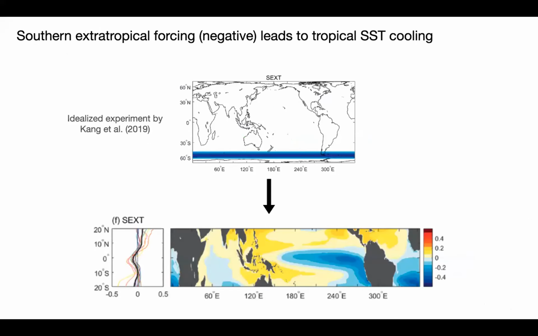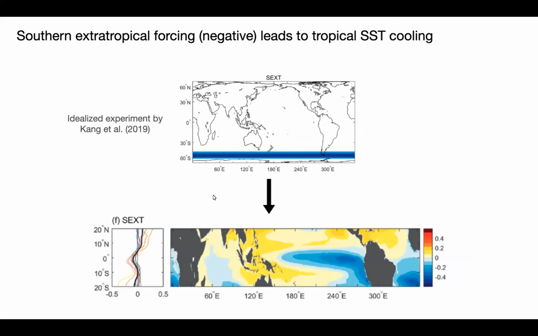We also know from idealized experiments that if you have a strong forcing over the extratropics, you can have a tropical response. This is just one of these idealized studies that imposed a negative southern extratropical forcing at the top of the atmosphere. This is the ATOMIMP experiment by Kang et al. 2019.